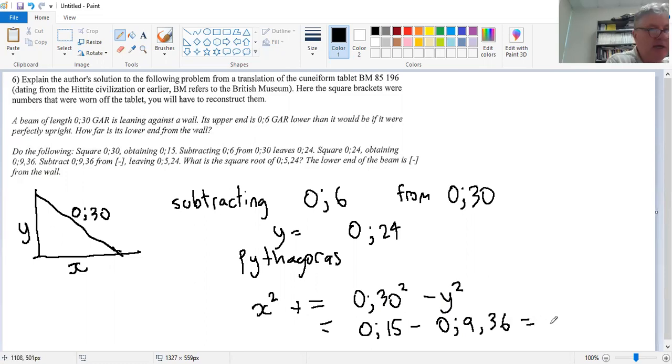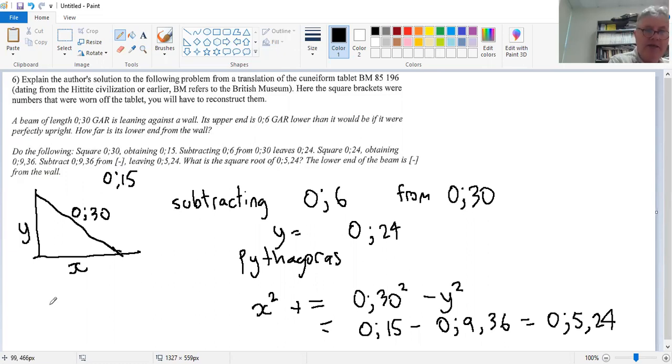And when we do that, we get 524. And the lower end of the beam is 15. So that was the first thing you had to put in here, is 15.